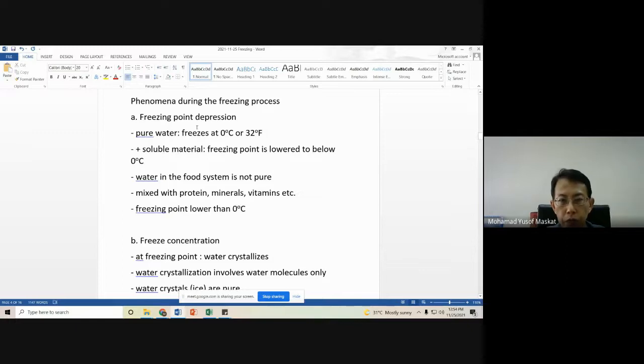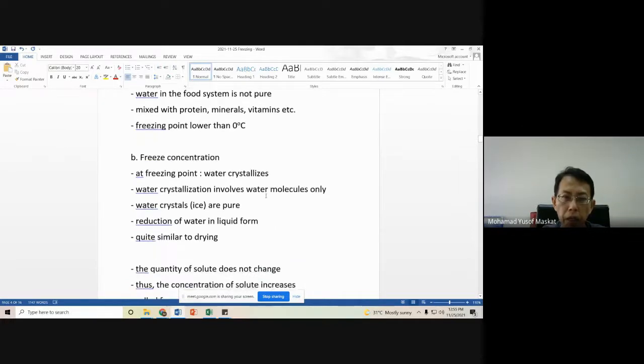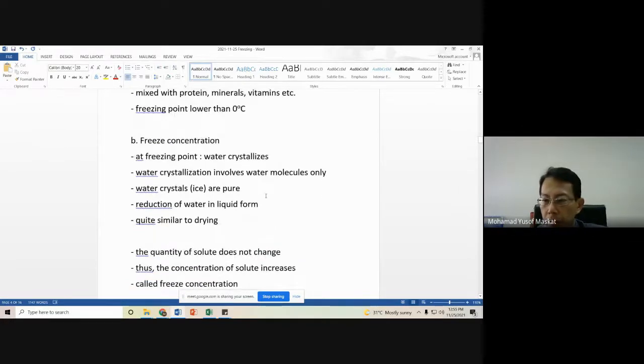As opposed to freezing at 0 degrees C, now it will freeze lower than 0 degrees C. That's what we refer to as freezing point depression. And then there is another phenomenon that we call freeze concentration. When we lower the temperature, water will change from a liquid phase to a solid phase.